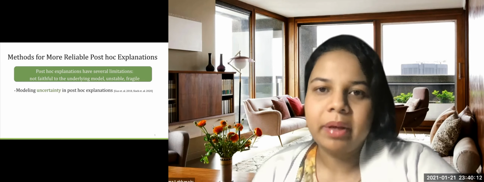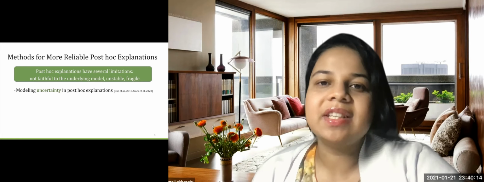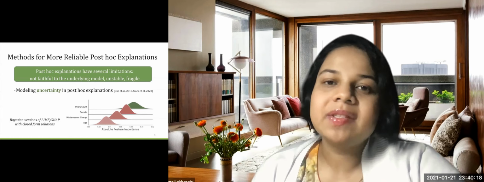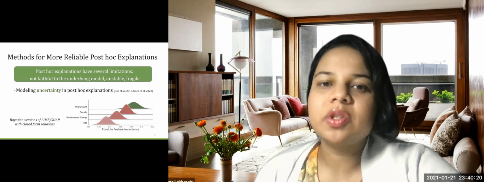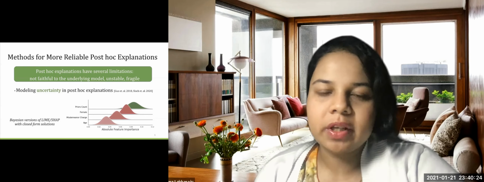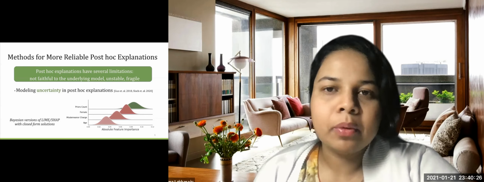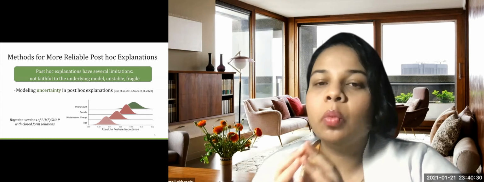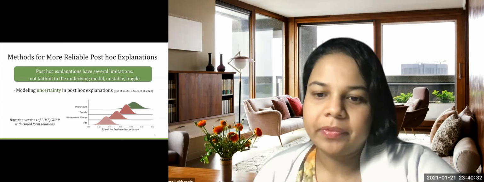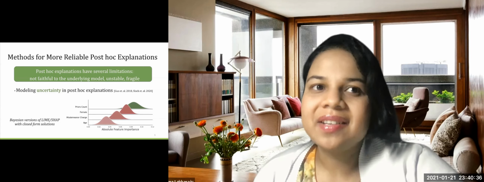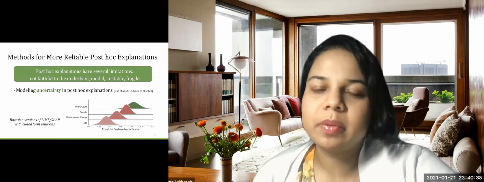The first one is modeling uncertainty in post hoc explanations. For example, there has been some recent research which proposed Bayesian versions of LIME and SHAP with closed form solutions, and these approaches can be used to generate explanations with confidence intervals. That can be very useful because this will help us understand the goodness of the explanation that we are getting.